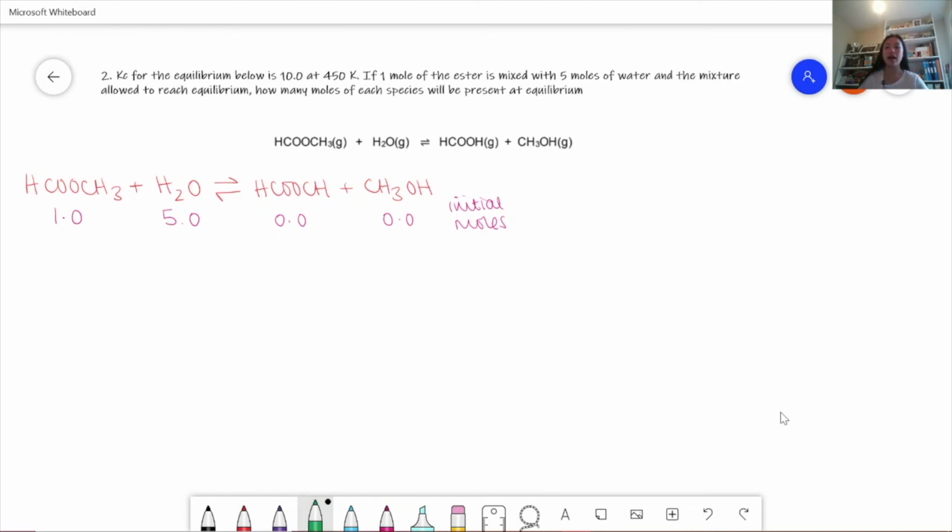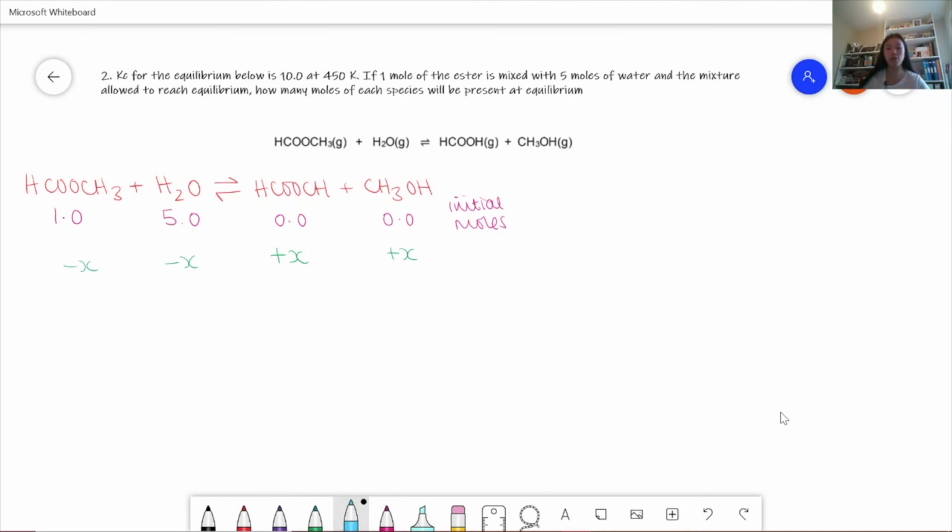Because the products start off at 0, they can't lose moles, they have to gain. So on the right hand side we must have pluses. So this is plus X and this is also plus X. That means that the reactants are minus X and minus X because everything is a 1-to-1 ratio.